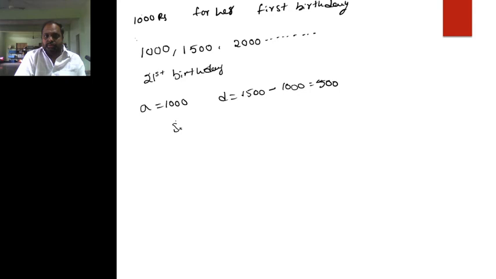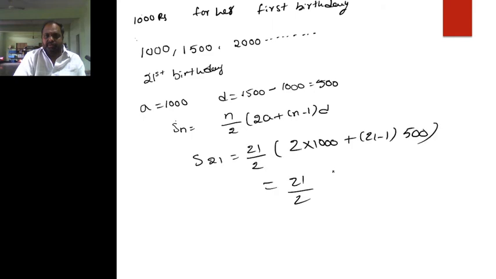Sum of n terms is n by 2 into 2a plus n minus 1 into d. S21 is 21 by 2 into 2 into 1,000 plus 21 minus 1 into d, which is 500. That is equal to 21 by 2 into 2,000 plus 20 into 500.